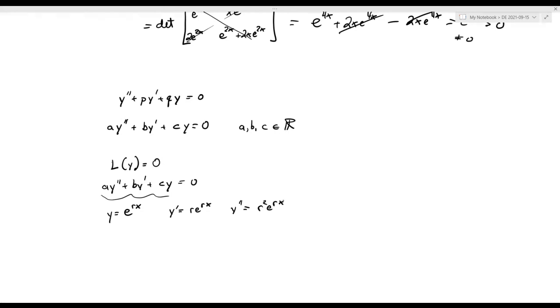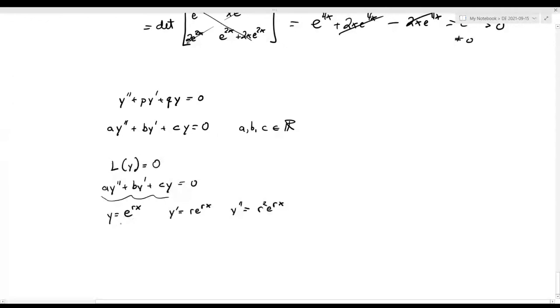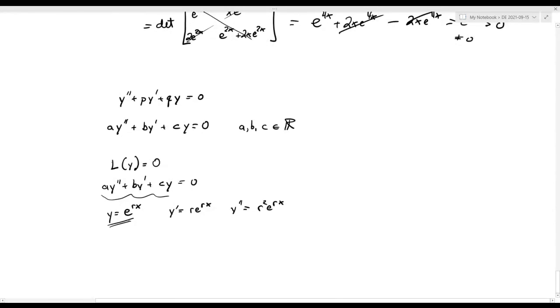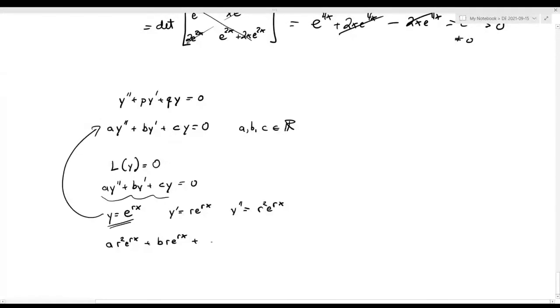So once we make this assumption about what a solution would look like to our equation, and we compute its derivatives as well, we can now just plug in. So a times y double prime, and then b times y prime, and c times y.